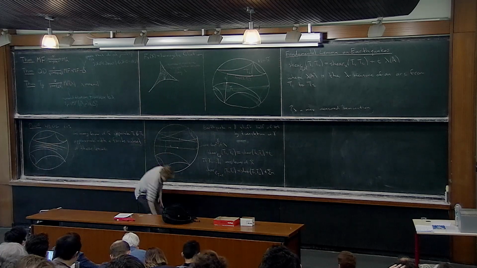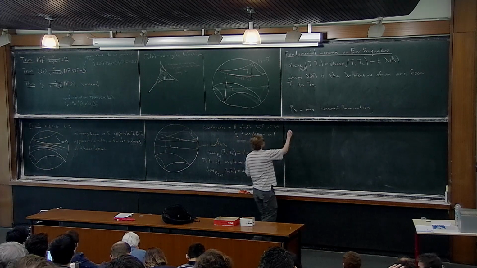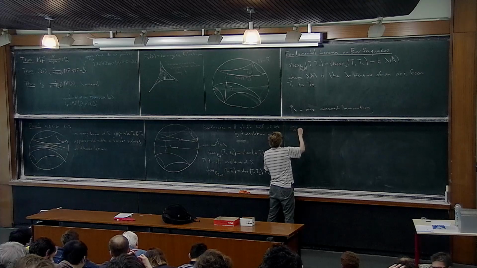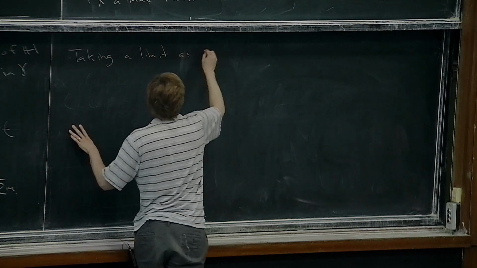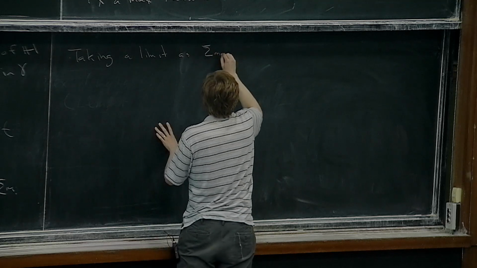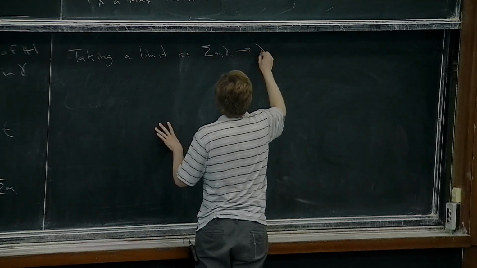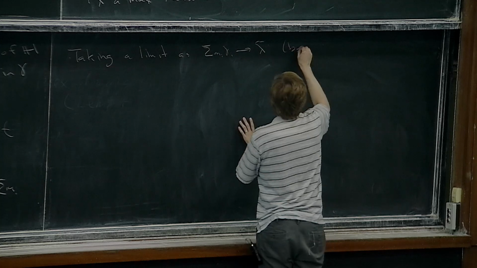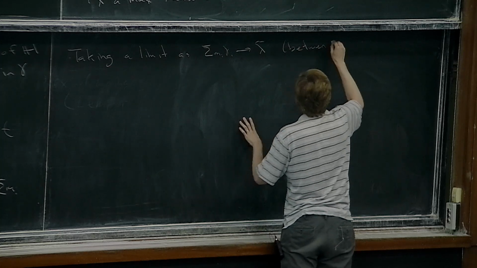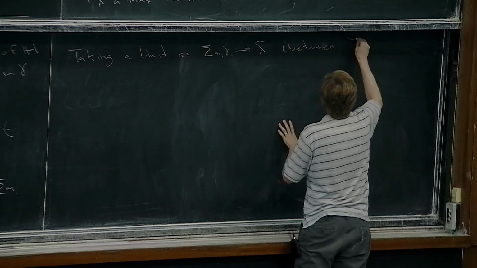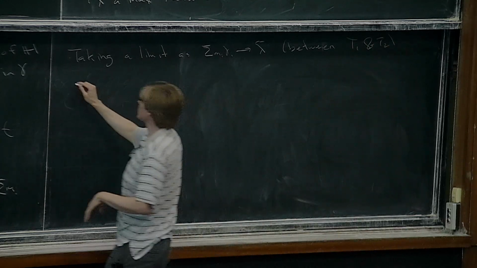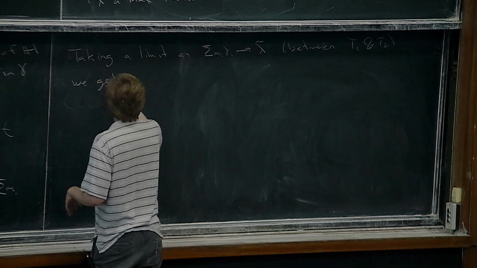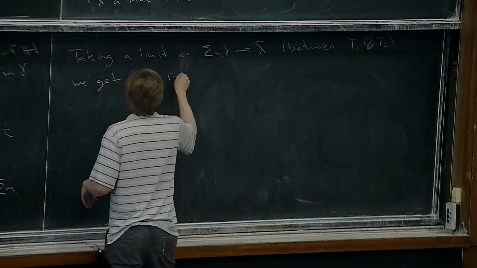OK, so taking a limit as some mi gamma i converge to lambda tilde, and we only care about between T1 and T2, we get the result.